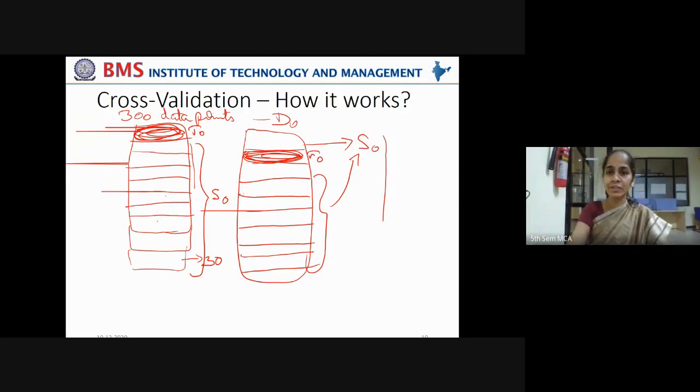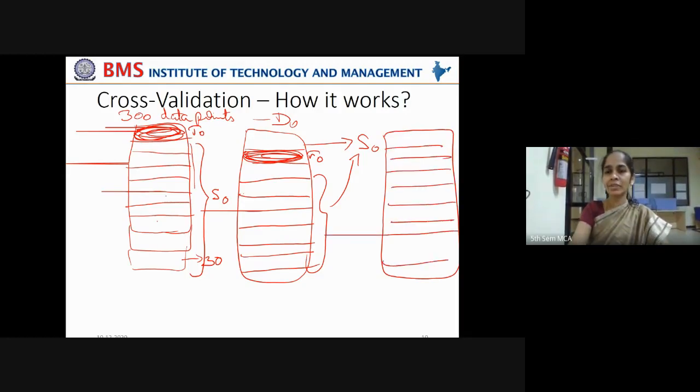In the next iteration, take the third part as the test set and the remaining parts as the training set. So in each iteration, one partition you are taking for testing and all the remaining 9 partitions you are taking for training.